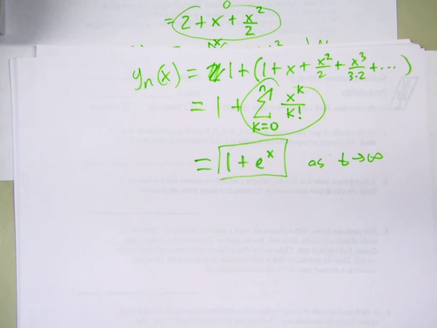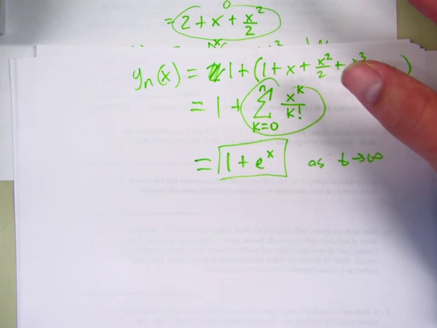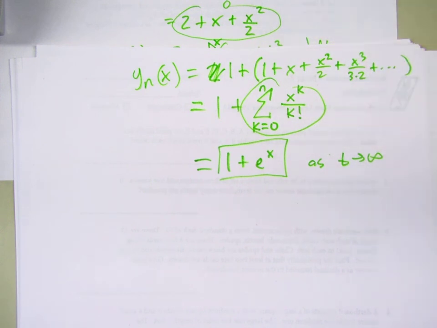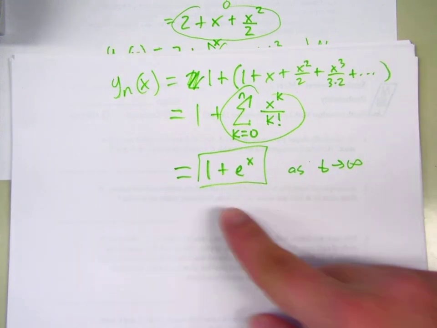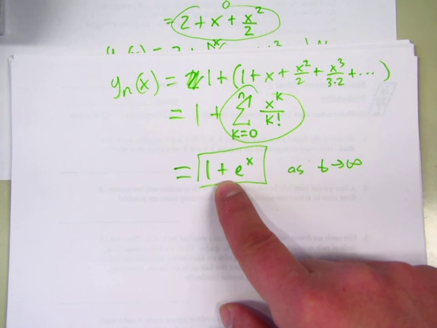Now, one thing I want to mention, this problem that we did wasn't so bad. Okay, and you'll see that there's not many problems to practice in the homework because they're all very similar. So once you understand how to do the method, it's not hard, but it can get kind of tedious depending on the functions that you're going to be integrating. And the second thing is, you're not always going to be able to just say, oh, the solution is really just 1 plus e to the x.